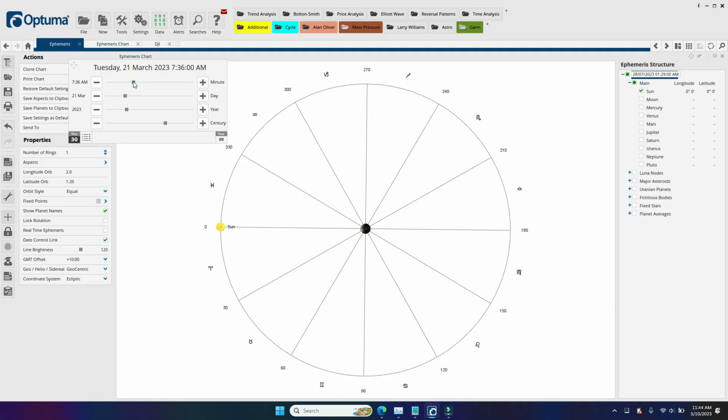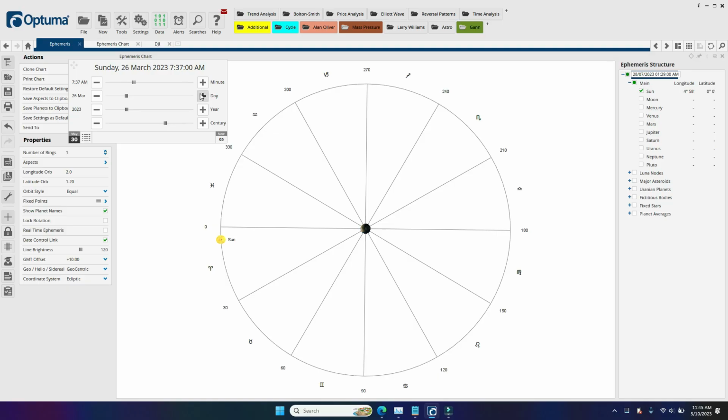And right here at 7:36 a.m., Brisbane time, we had a longitude and latitude of 0 degrees. That means that the Sun has now entered 0 degrees of the zodiac sign, so it's completed its full revolution and is now sitting at 0 degrees Aries. If I go forward just a little bit, we're now at 0 degrees Aries and 1 minute, essentially.